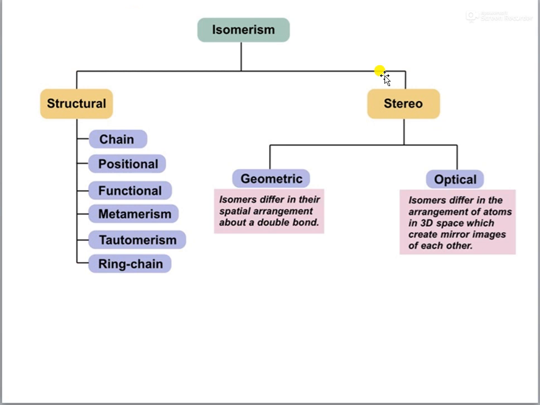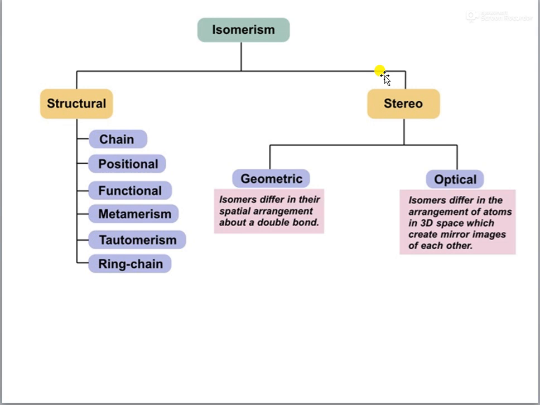Now, stereoisomerism of carbohydrates can be divided into two types. One is the geometrical isomerism and the second one is the optical isomerism. Now, how are they different from each other? Geometrical isomerism mainly occurs when there is a difference in the spatial arrangement across a double bond.